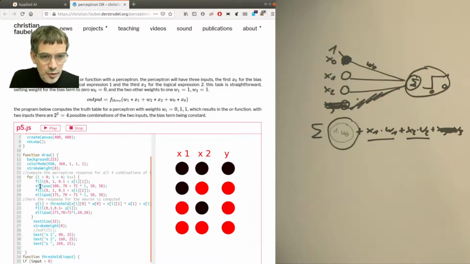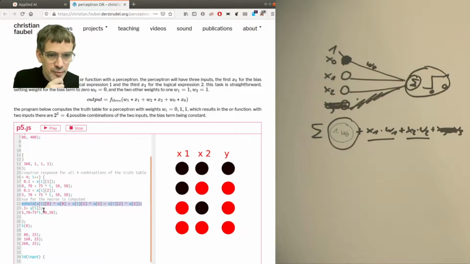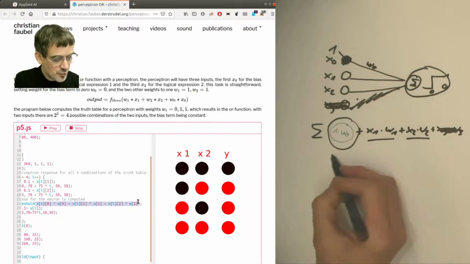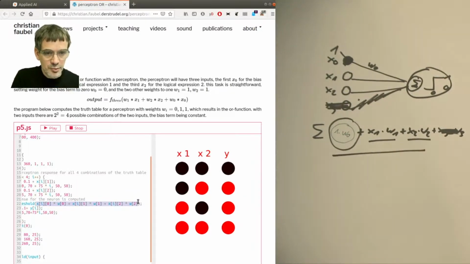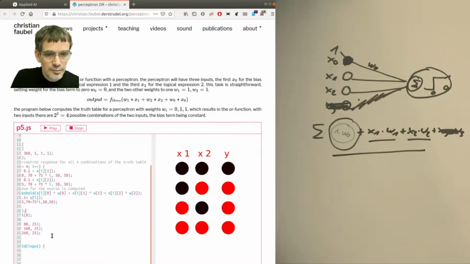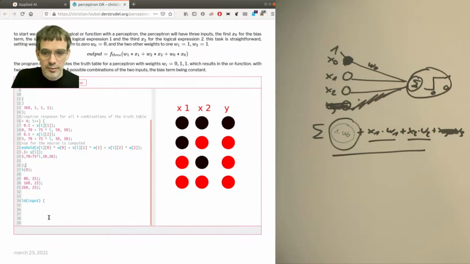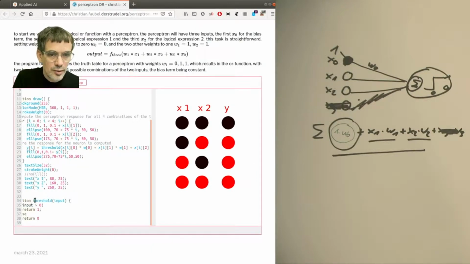If you look into the code you have here, basically this is for constructing these ellipses, and then here we compute the output of the neuron. And here you should recognize this expression, and then this expression is passed through a function called threshold, which you find here.